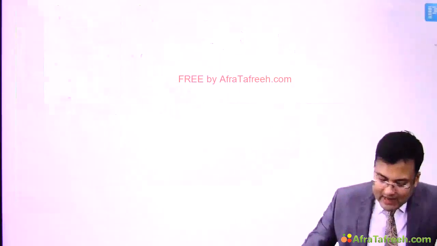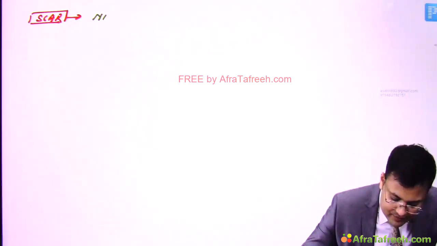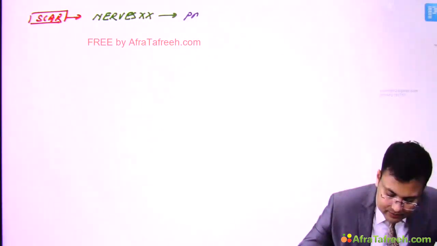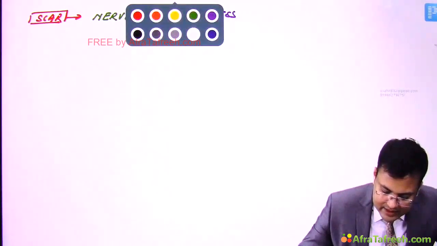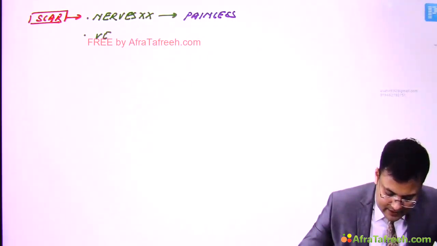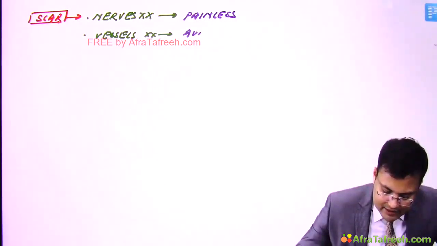See the characteristic features. Since it is arising from a scar, and in the scar nerves are damaged, that's why it is a painless ulcer. Second, vessels are also destroyed in the scar, and that's why it is relatively avascular.